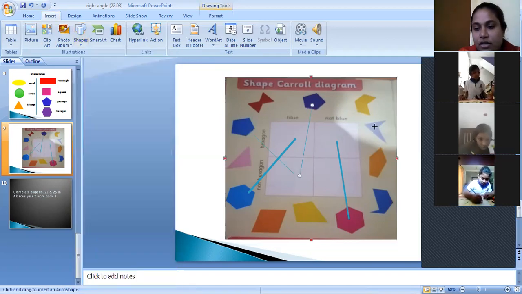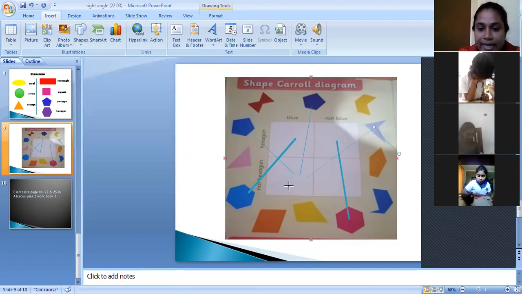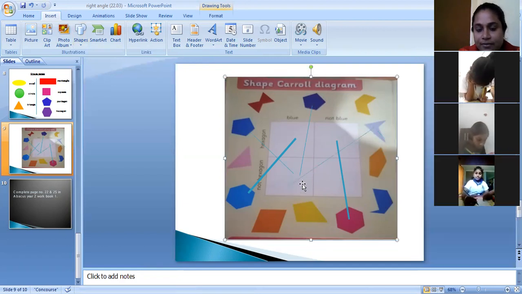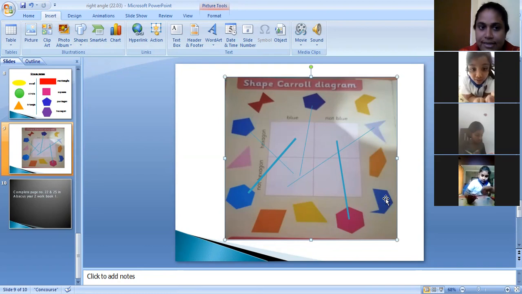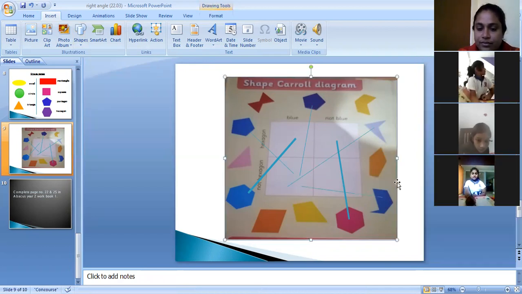And this is also blue, but not a hexagon, so we can match it here. This is also blue in color, but it is not a hexagon, so we can match that shape here also.